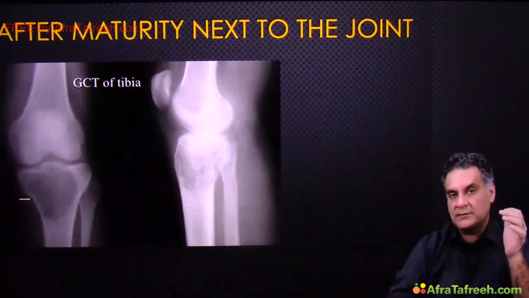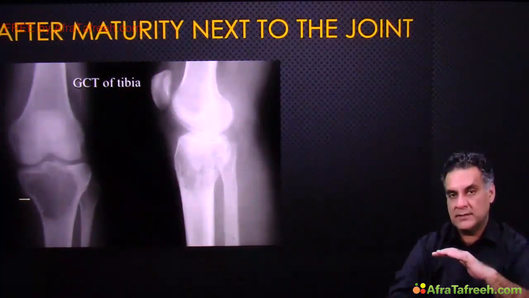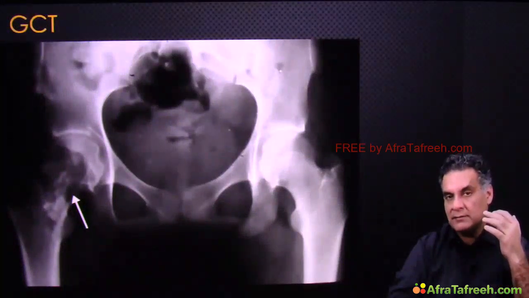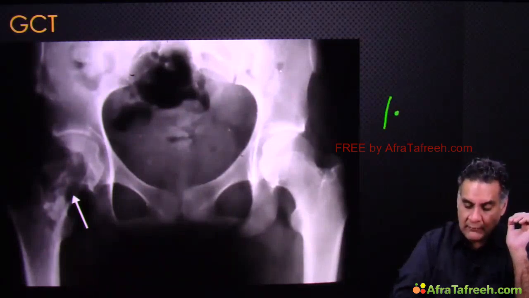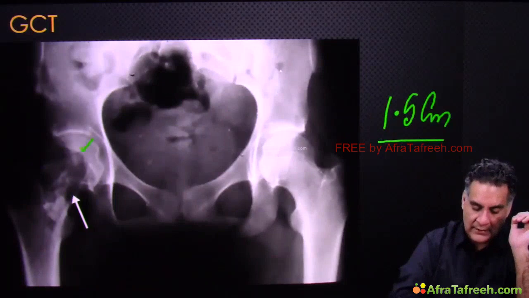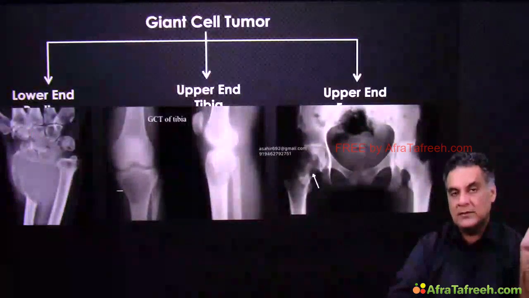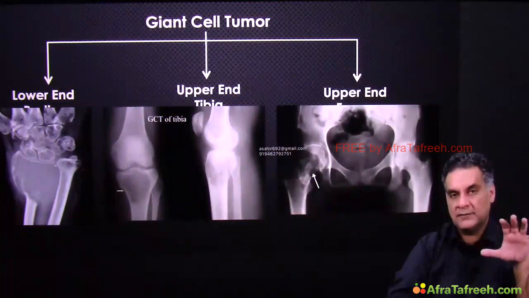Going till the upper end of tibia, involving the knee joint after maturity, or it can go right at the upper end of femur. Classically it is said that it should be within 1.5 centimeters of the joint. This explains why this can be GCT. So lower end radius, most commonly asked. Upper end tibia, upper end femur.